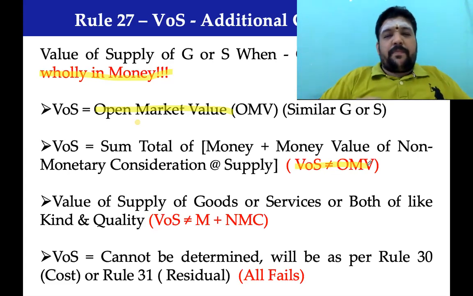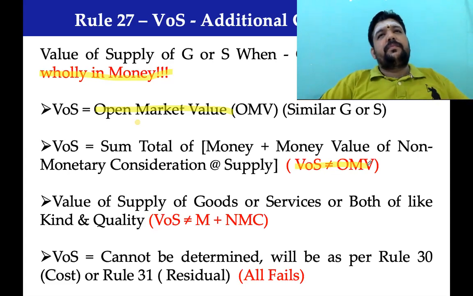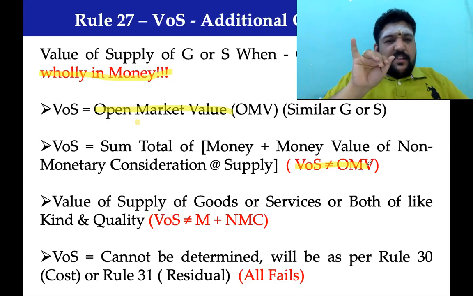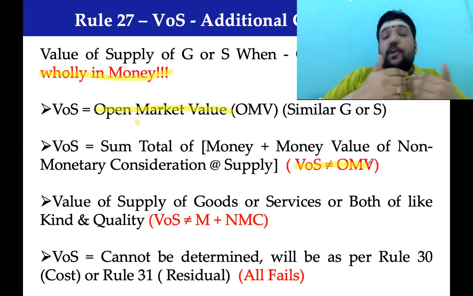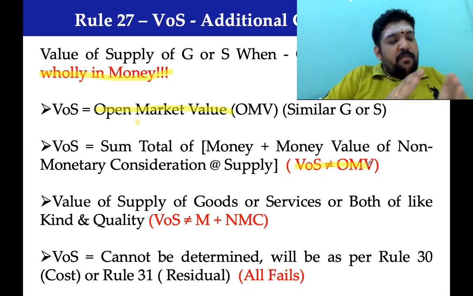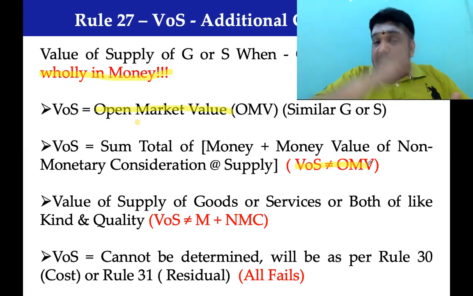Coming back here. The value of supply of goods or services is going to be, maybe we have to think of it in this perspective, there is going to be a non-monetary consideration, and that non-monetary consideration cannot be determined.